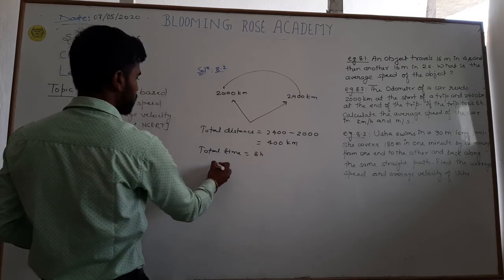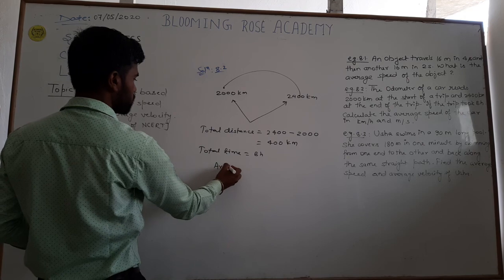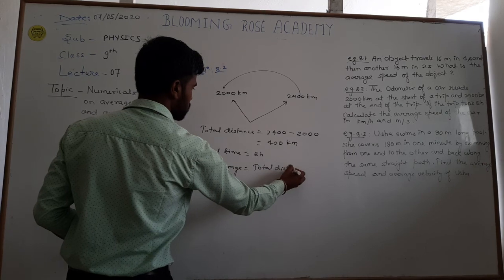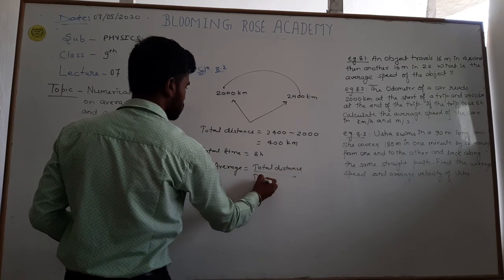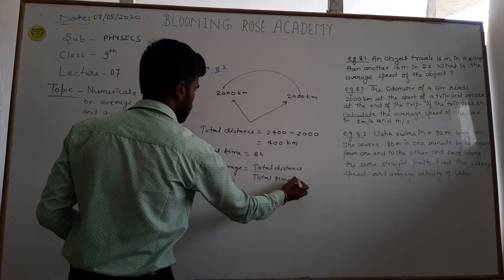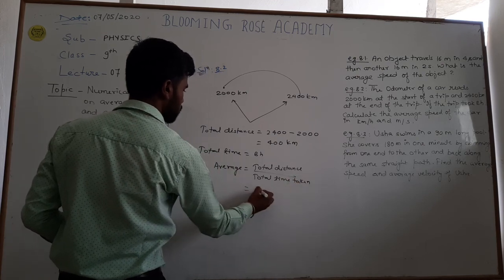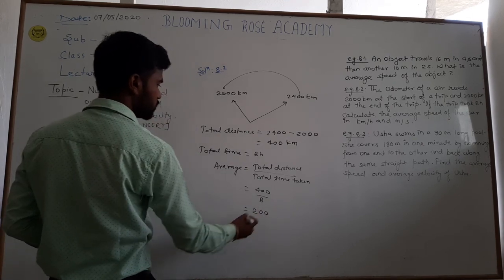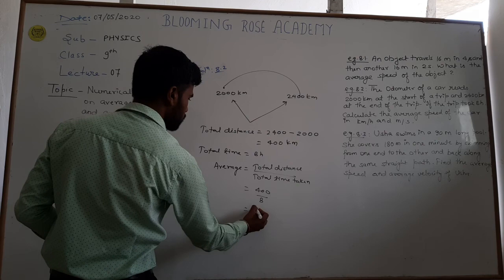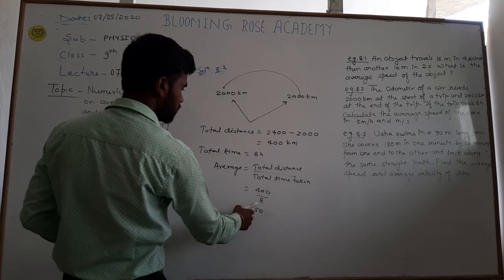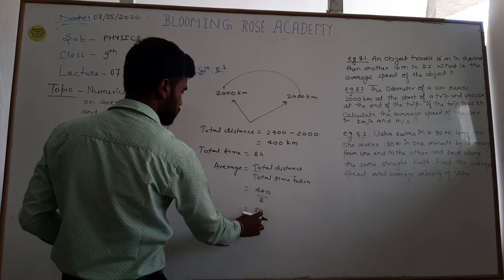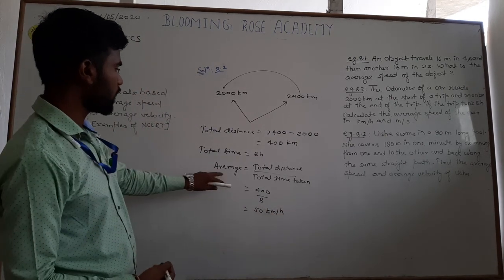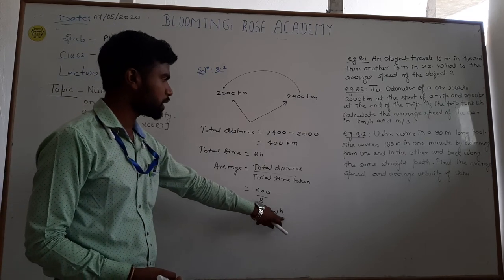Now average speed equals total distance upon total time taken, which is 400 upon 8. Here we get 50 kilometer per hour. Here average speed in kilometer per hour is 50 kilometer per hour.